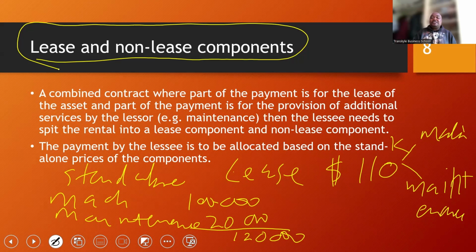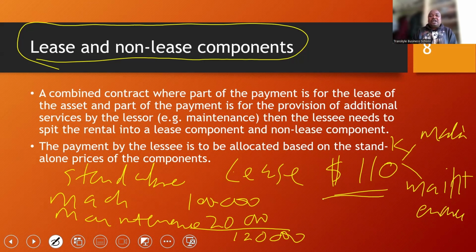Those are the costs on a standalone basis of these services. So this standalone information will be used to allocate the lease rentals, to say this is the lease component and this one is the maintenance service component, or the non-lease component. You need to separate the two. You mustn't bunch them.